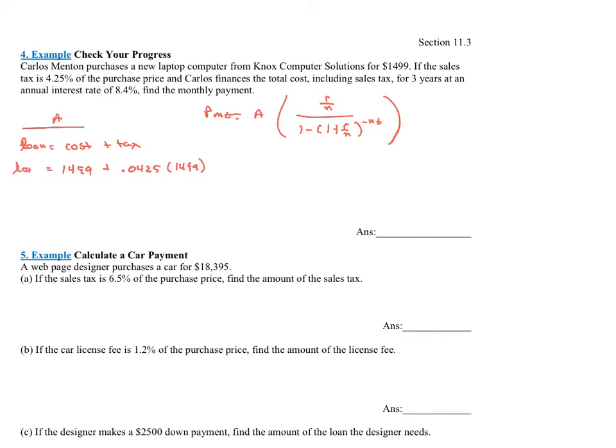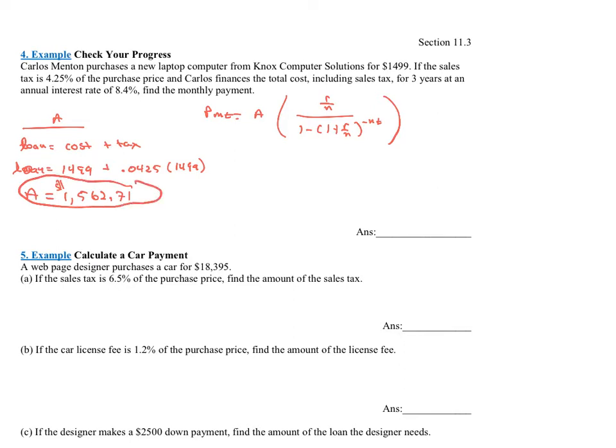So if I want to find my total loan amount, which is A, $1,562.71 is what I'm getting. So that's my A amount, the amount that I'm actually going to loan.